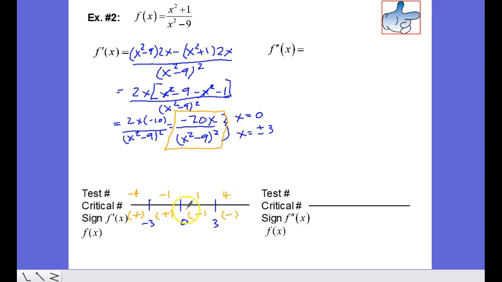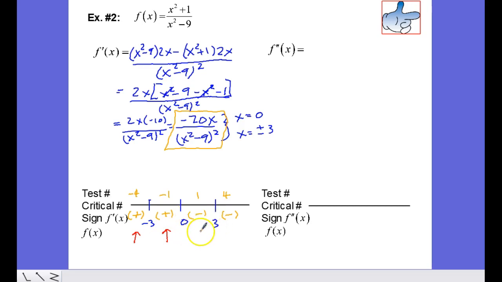Now, what does that mean for us in terms of the original function, f of x? Well, it means that on the interval from negative infinity to negative 3, f of x is increasing. And then we have a vertical asymptote, and then the function continues to increase.